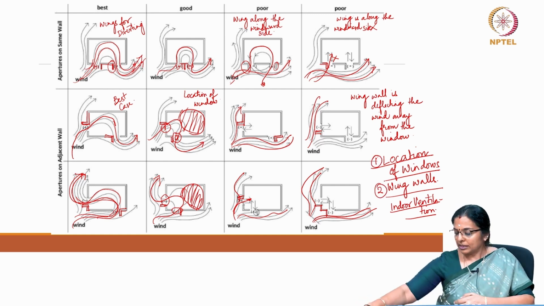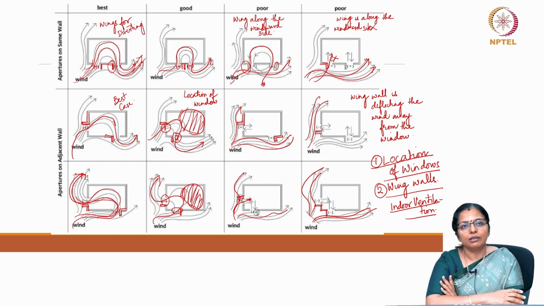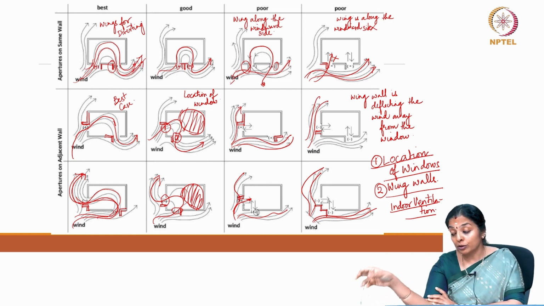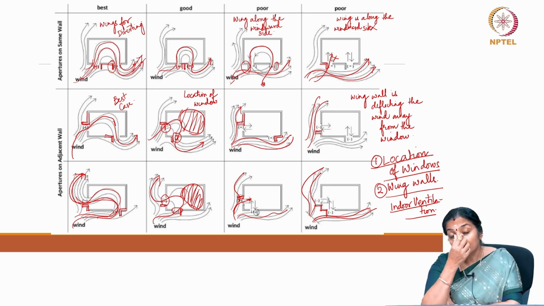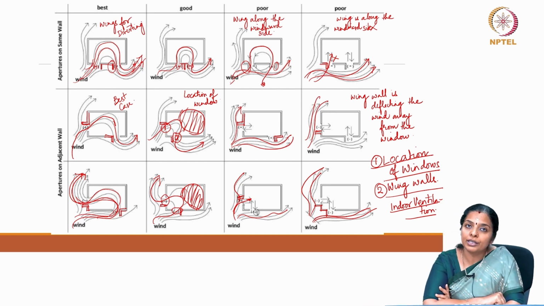In this class, we saw what is ventilation, and we saw the significance of ventilation. We also saw how ventilation is important and crucial in reducing operational energy, because having openings enhances ventilation, and our reliance on active means of ventilation such as fans and air conditioners gets reduced, and this encourages us to have lower operational energy.